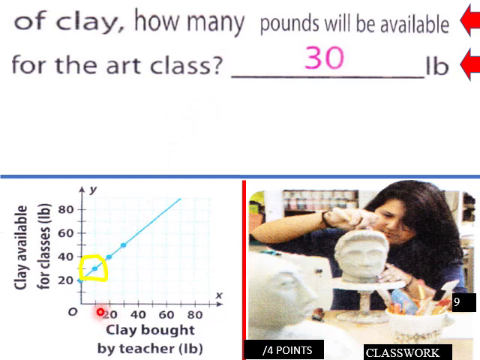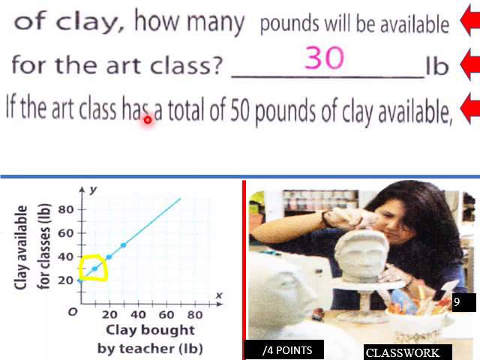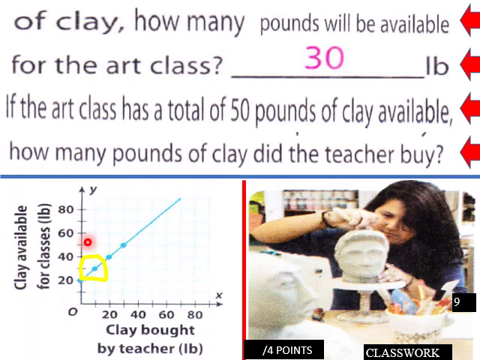So clay available will be 30 pounds. She had 20, she bought 10, so now she has 30 pounds available. If the art class has a total of 50 pounds of clay available, up here, how many pounds of clay did the teacher buy?